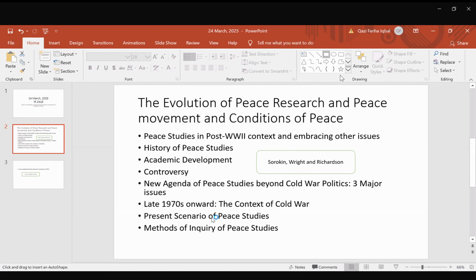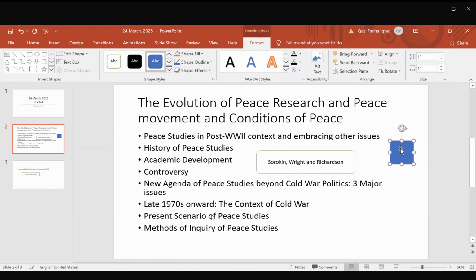Okay, what is the maximalist agenda? Let me just write. There were two agendas. One is maximalist.